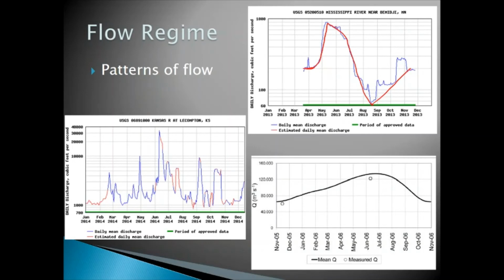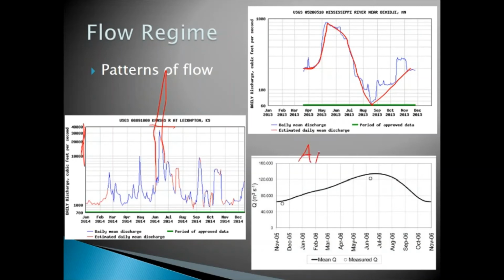But this is pretty fast change, but nothing like the Kansas River, where we get these big flood events that are happening. Realize that this is a log scale, right? So these really should be way up here, but these flows are changing very quickly.